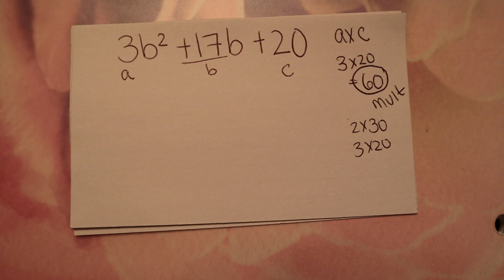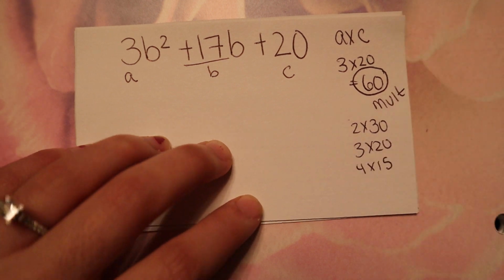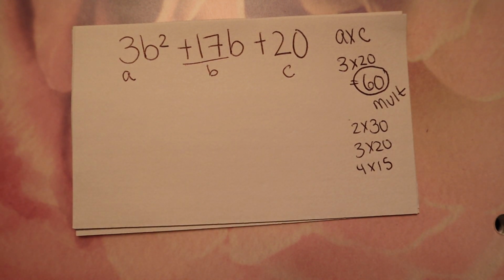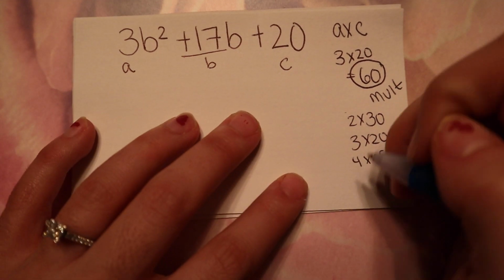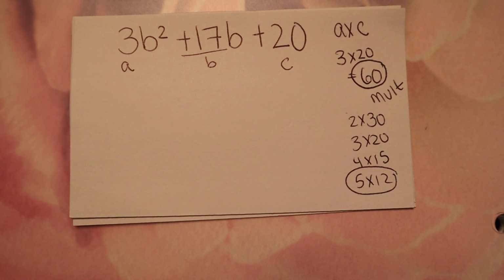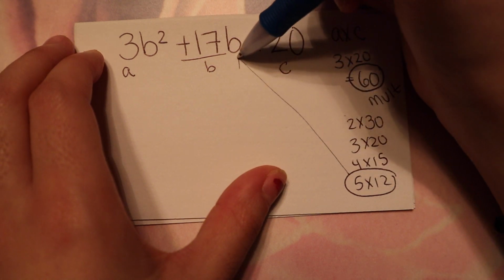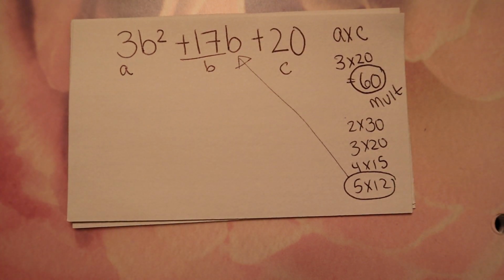60 divided by 4, 4 and 15. That's not going to get me 17. I'm going to keep going. 60 divided by 5, 5 and 12. This one's going to work because 5 plus 12 is 17. Now the way we go about this is I'm going to write these terms within this question.